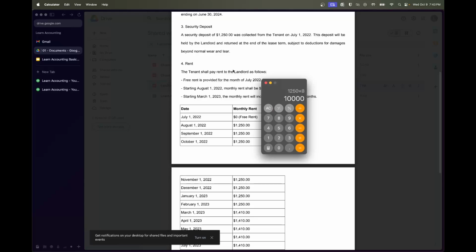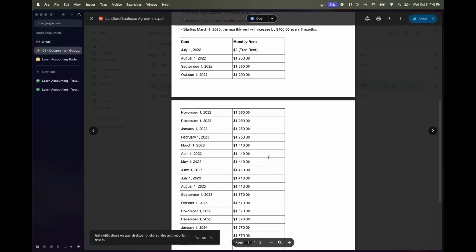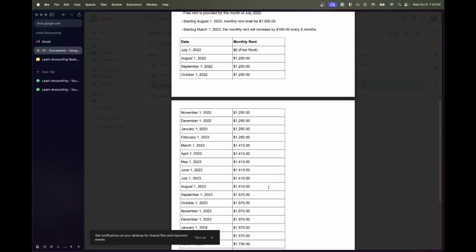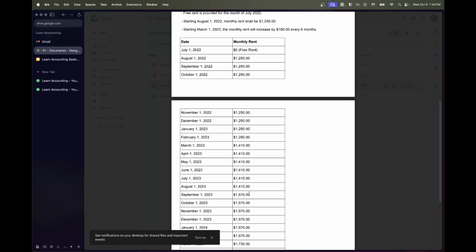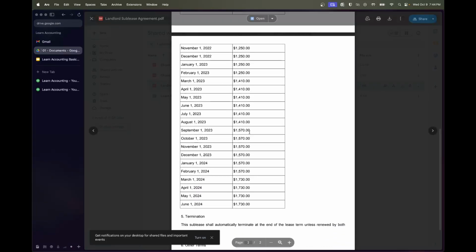So that's 10K. Then we have one, two, three, four, five, six payments of 1,410 times six, which is 8,460. I'm writing these down on a sticky note on the side so that I can add them up again.